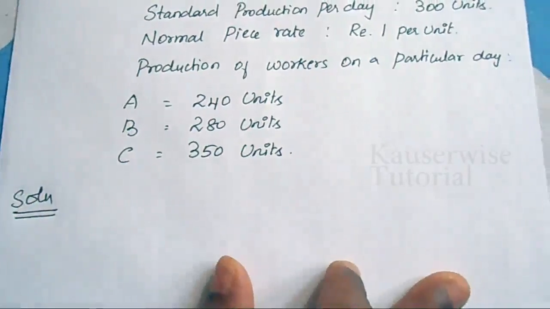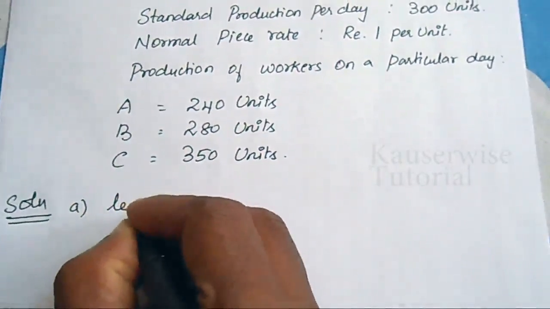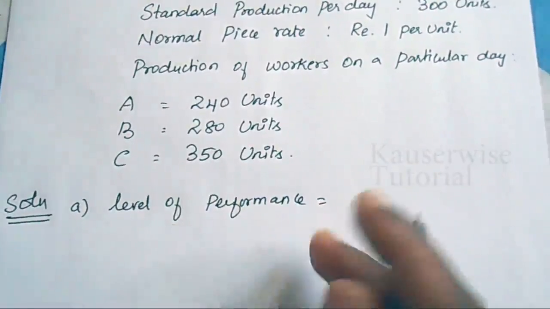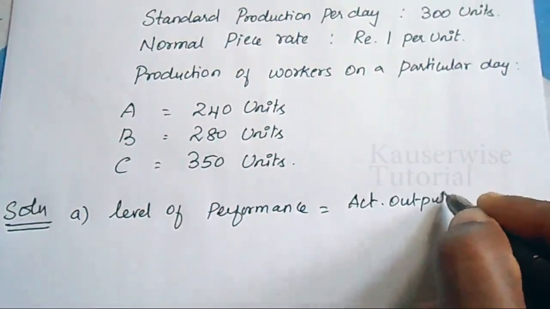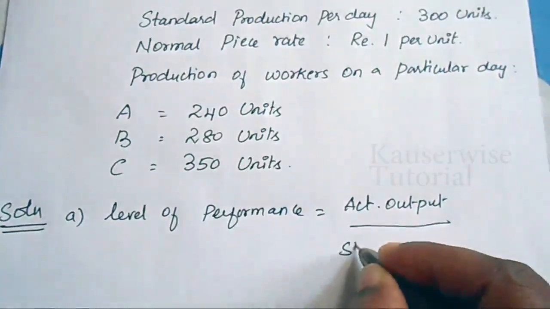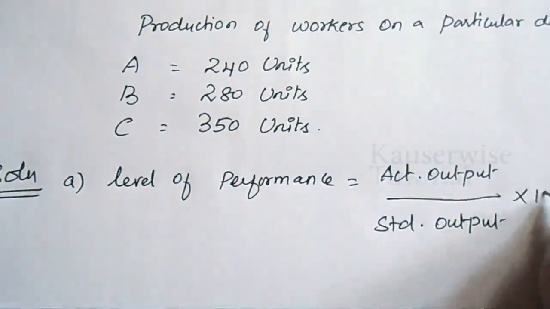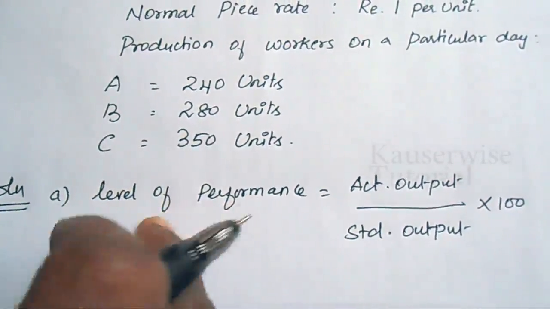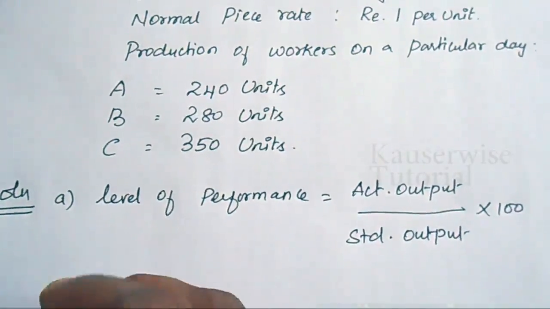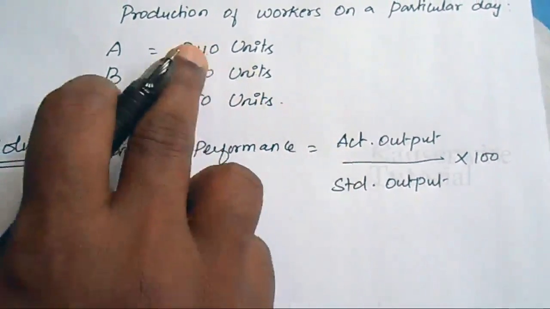For this, first you need to find the level of performance. So what is the formula for level of performance? Actual output divided by standard output into 100. For A, his actual output is 240 units.